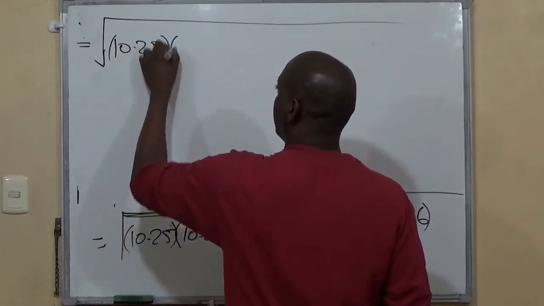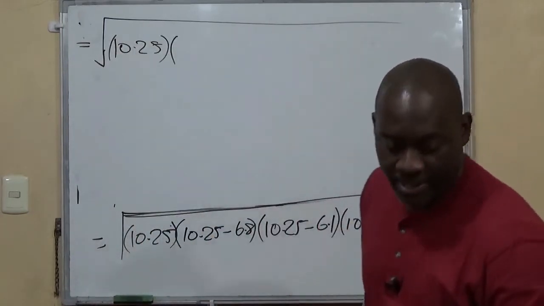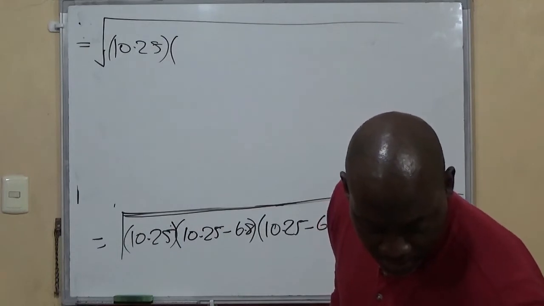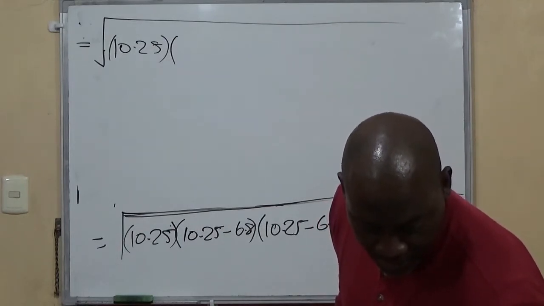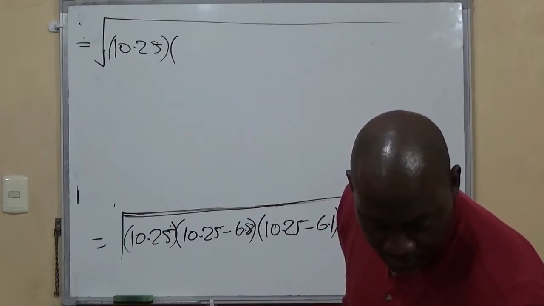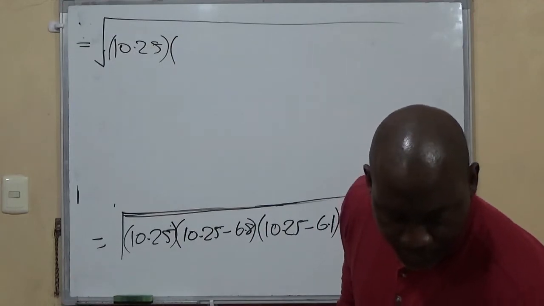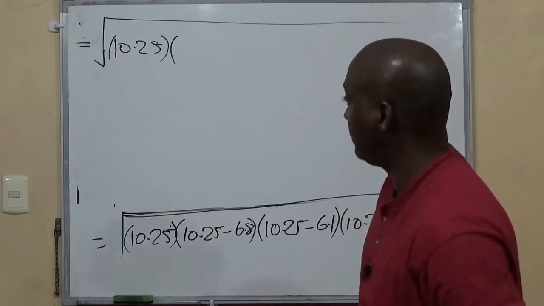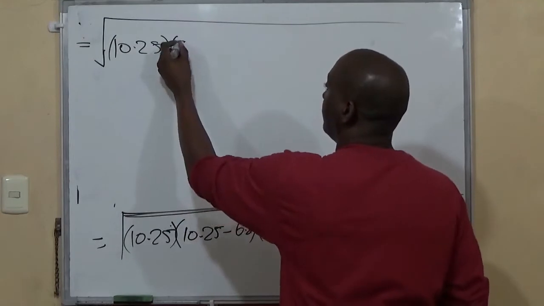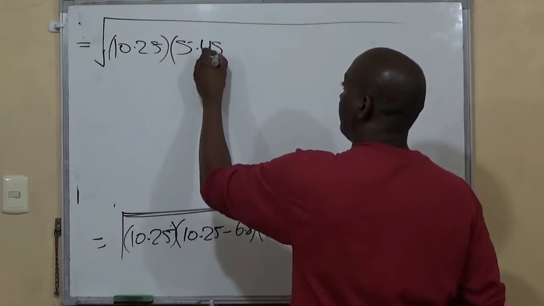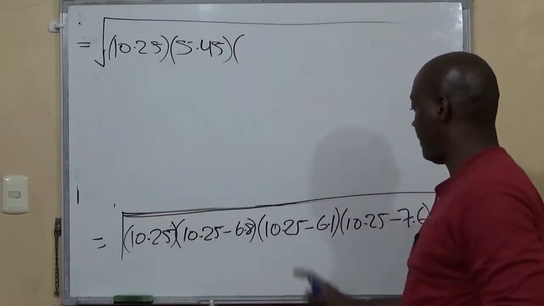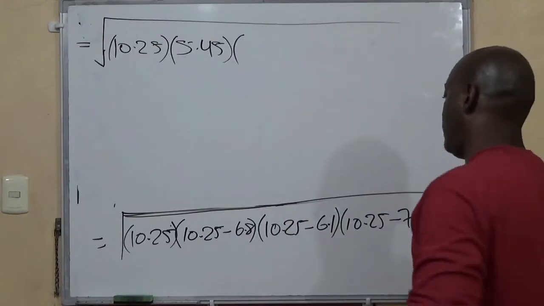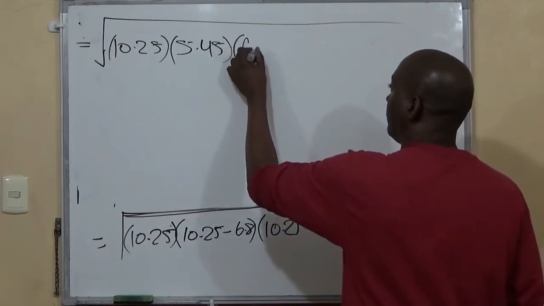10.25 in brackets by 10.25 minus 6.8. How much is that? 10.25 minus 6.8 equals 5.45. Okay, 10.25 multiplied by 5.45 multiplied by 10.25 minus 6.1, which is 6.15.